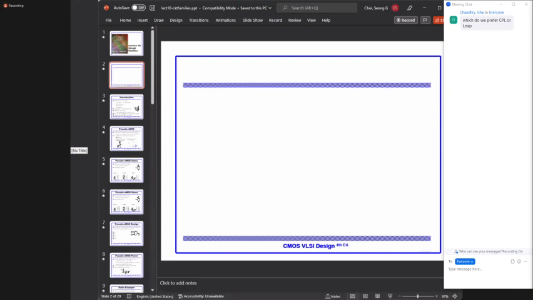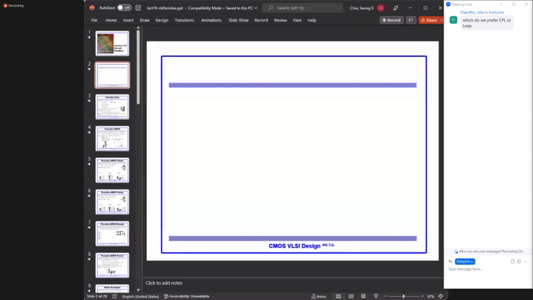Professor, would you be able to show an example of finding the minimum number of transmission gates given a logical expression? Sure.